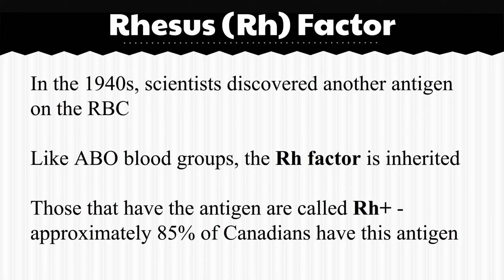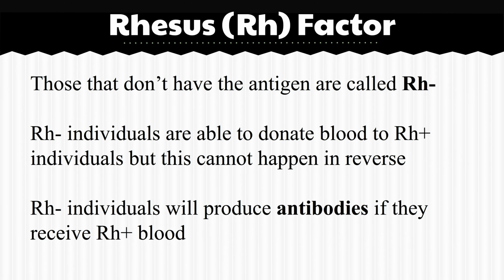You can always get your blood type tested to see what you are. I know I am O positive, so I can donate to everybody that has positive blood, but nobody with negative blood. If you don't have the antigen, you are Rh negative. Rh negative can give to Rh positive because Rh positive individuals don't have antibodies built up against the negative blood.